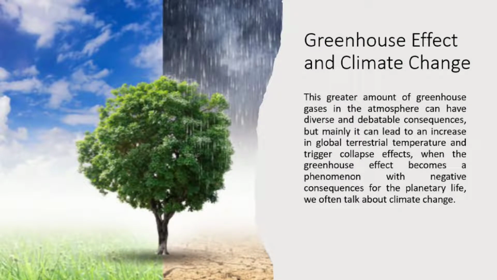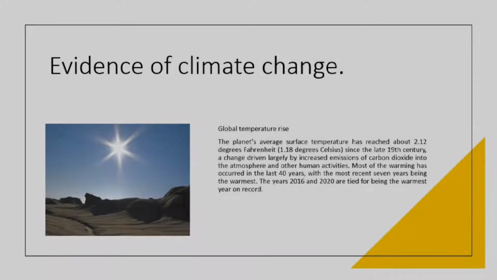This greater amount of greenhouse gases in the atmosphere can have diverse and debatable consequences, but mainly it can lead to an increase in global terrestrial temperature and trigger collapse effects. When the greenhouse effect becomes a phenomenon with negative consequences for planetary life, we often talk about climate change.